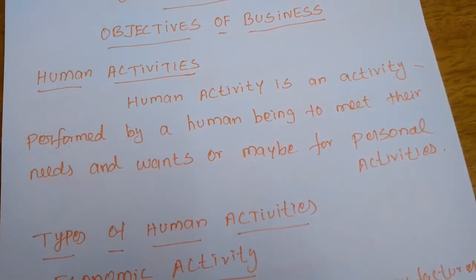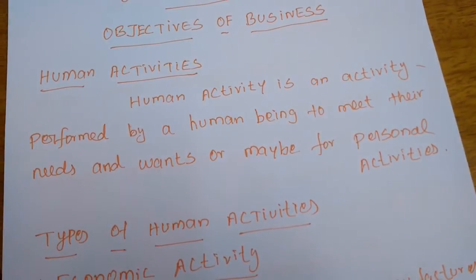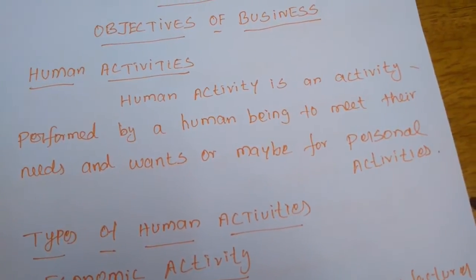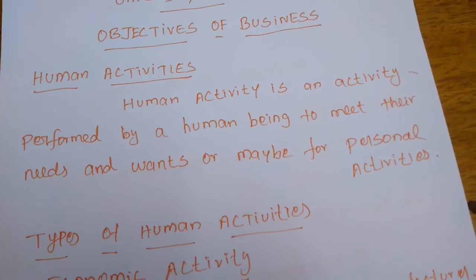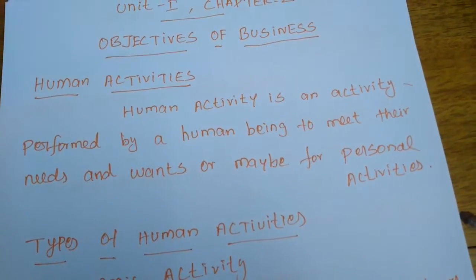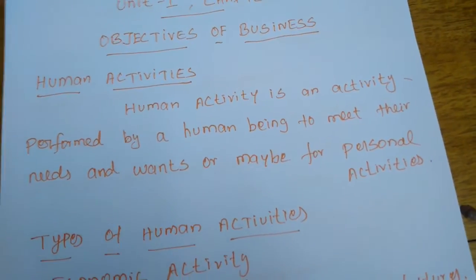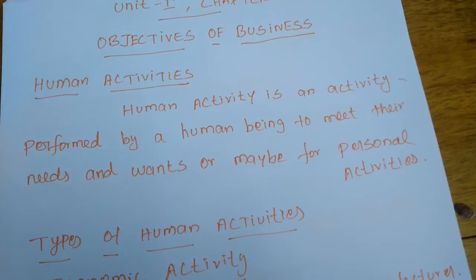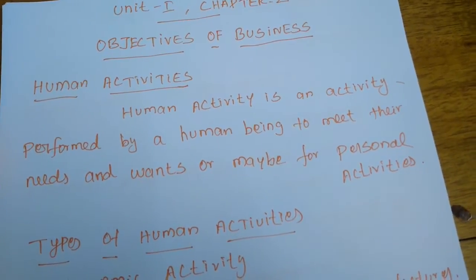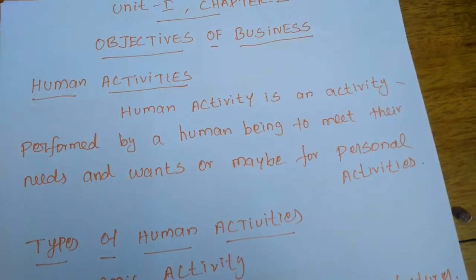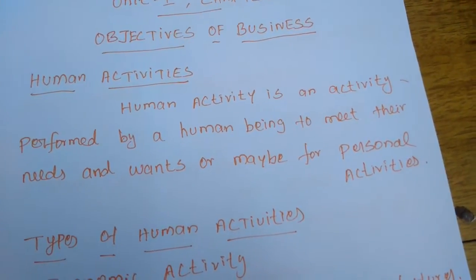Even simply sitting and laughing, talking, doing work, going to work, studying, writing, anything, we can consider as a human activity, right? But according to commerce, a human activity is an activity performed by a human being to meet their needs and wants, or maybe for personal activities.